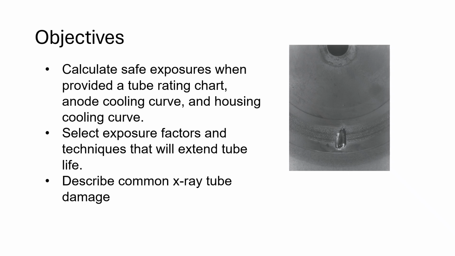It will lock you out if your heat capacity is detected to be high. It'll just give you a countdown timer on a little pop-up window, and you won't be able to take an exposure until the countdown expires, giving the anode enough time to cool off. So it's more of an automatic process in the modern era.